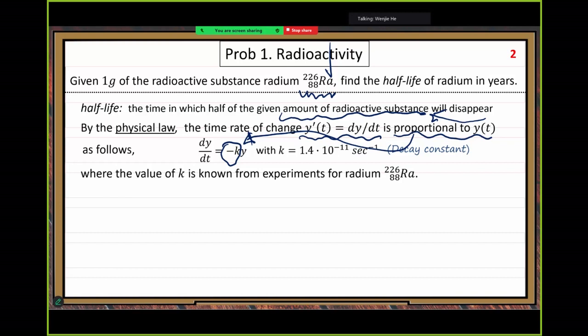Here there are two numbers. Next slide, I will explain the meaning of these two numbers. If you have questions, I will explain them on the next slide. And here you can see this physical law is very important for this question.